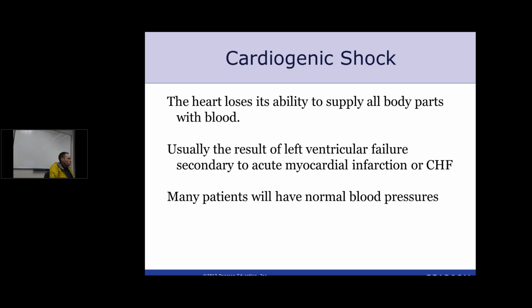Everything else is working fine except that blockage. Good. The pump's not working all that great, but everything else is working pretty well. So you still got massive vasoconstriction everywhere else, making up for your bad pump. Your vasculature is really trying to do its job. Now, to a point, that's going to fail, right? Eventually, that's going to fail if it's not getting enough perfusion.